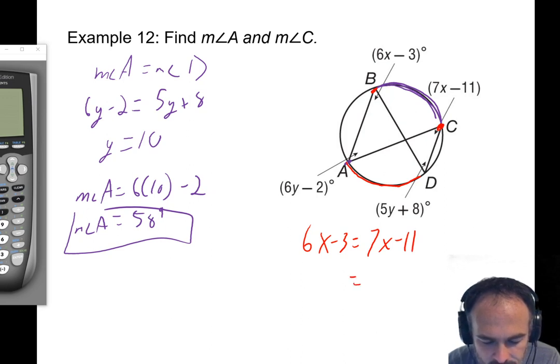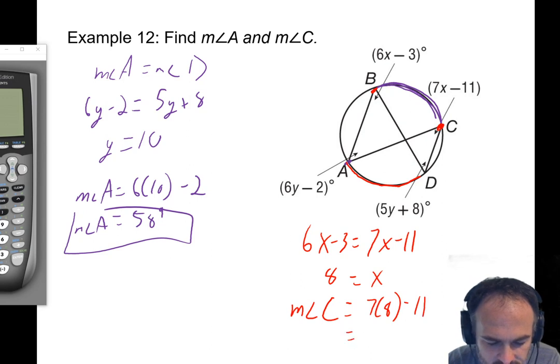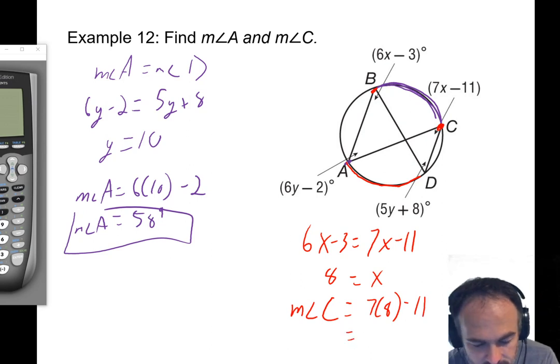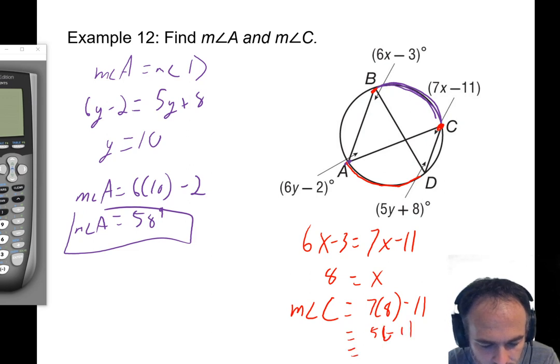Subtract 6x on both sides gives me x on the right. Add 11 on both sides gives me 8 on the left. Then I want to do the measure of angle C is equal to 7 times 8 minus 11, which is 56 minus 11, which is going to be 45 degrees.